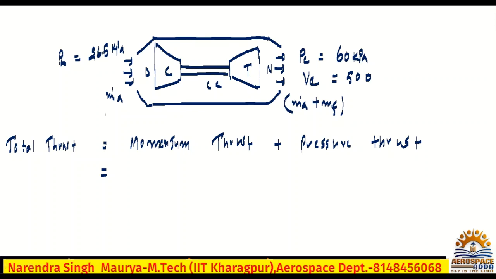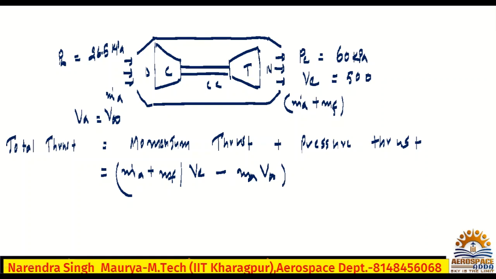And here the velocity of the free stream or aircraft speed is nothing but Va or V infinity. It's your choice. So what is the momentum change? Final mass flow rate into velocity minus initial mass flow rate into velocity. What is the final? M dot A plus M dot F, into VE, minus initial, which is M dot A into V infinity.